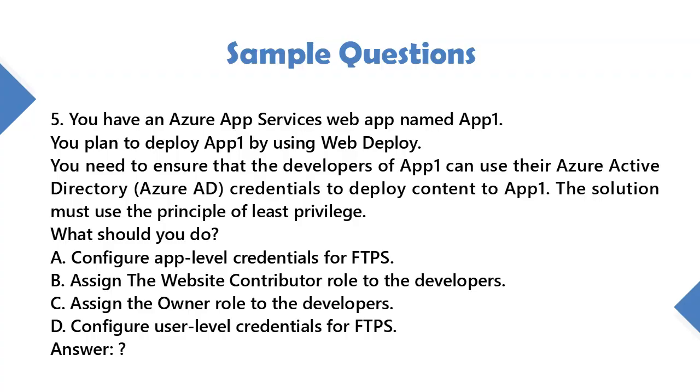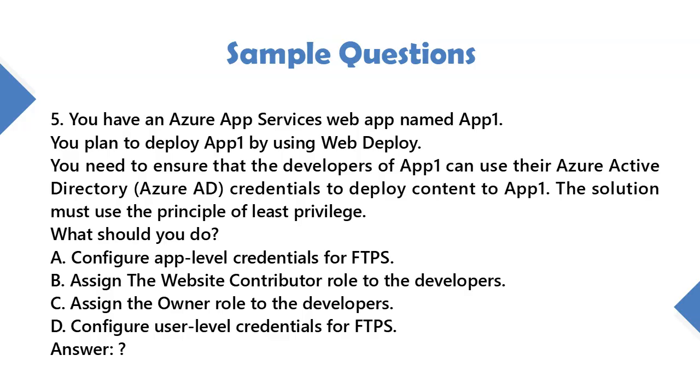5. You have an Azure App Services web app named App1. You plan to deploy App1 by using Web Deploy. You need to ensure that the developers of App1 can use their Azure Active Directory (Azure AD) credentials to deploy content to App1. The solution must use the principle of least privilege.